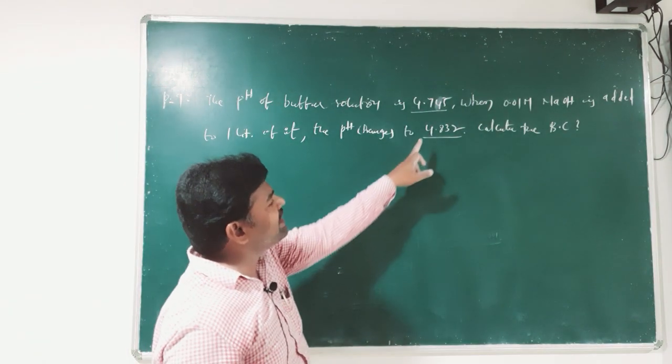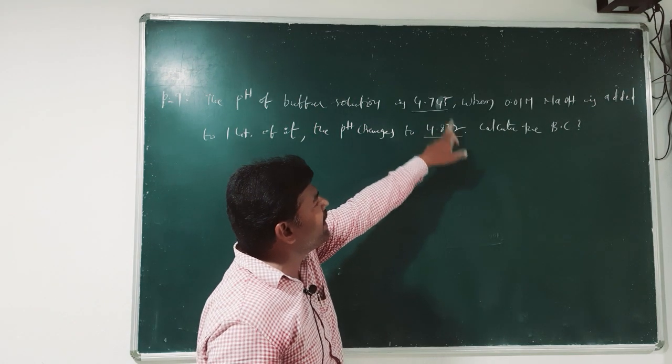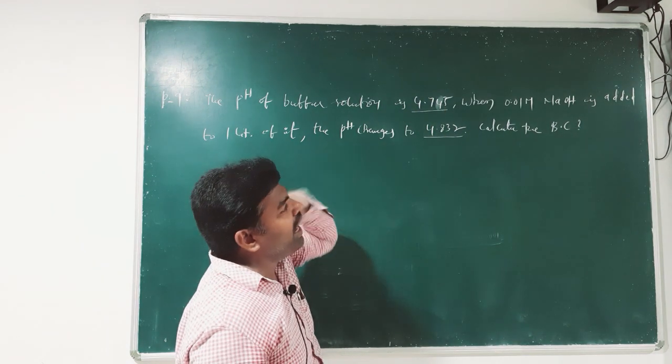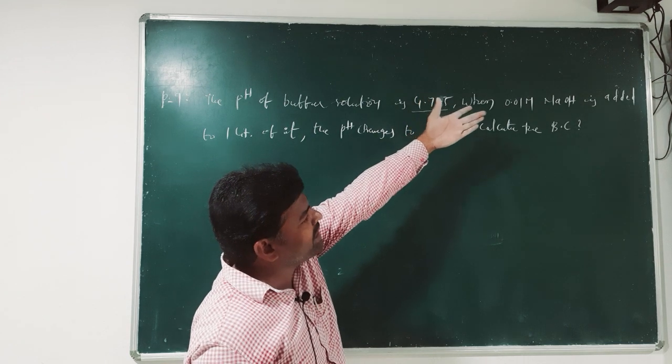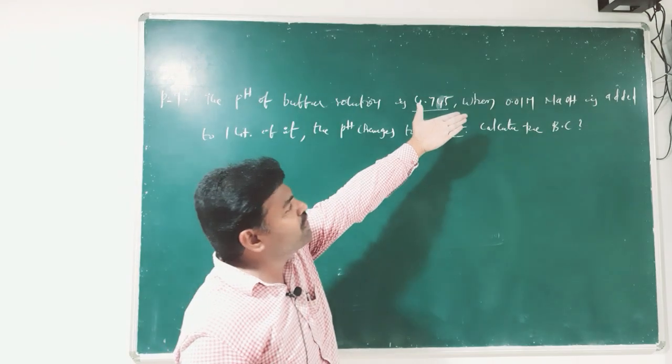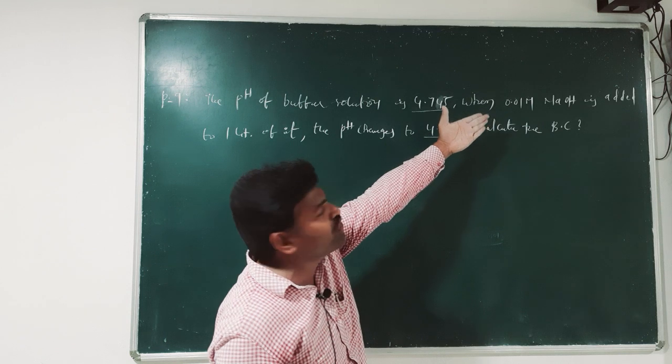So the pH change is 4.832 minus 4.745, and the number of moles of strong base, NaOH being a strong base, is 0.01.